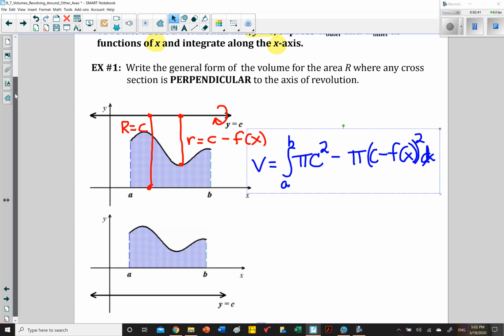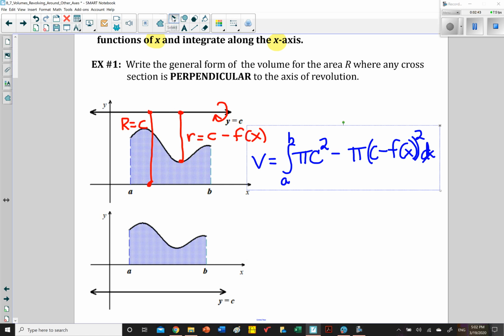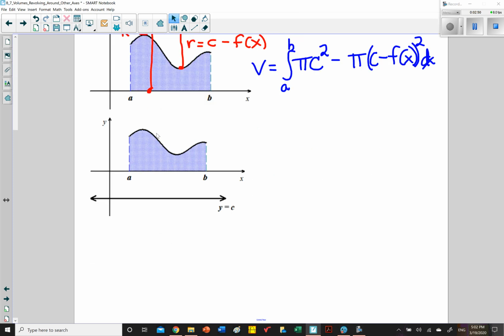In this next example, the line is going to be below, so y equals c in this case is a negative value. We want to revolve around it. So if you think about this, capital R is f of x plus c, because c is going to be negative.